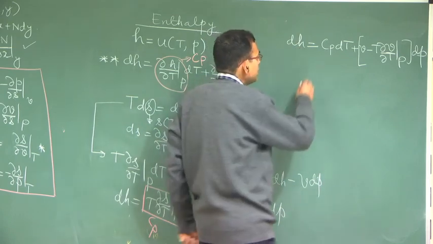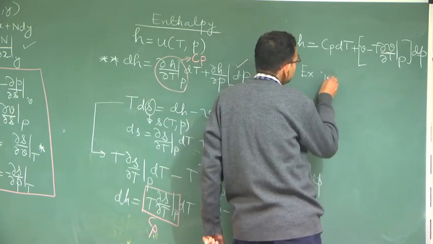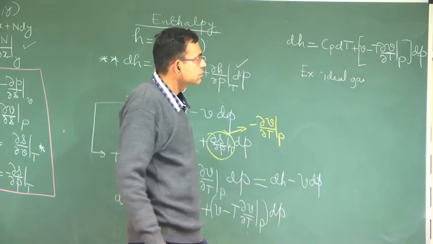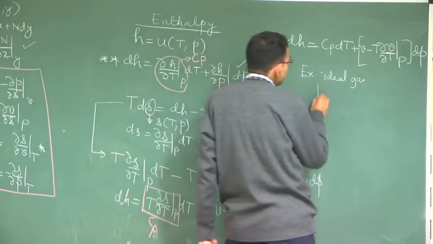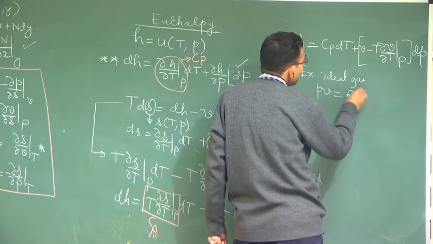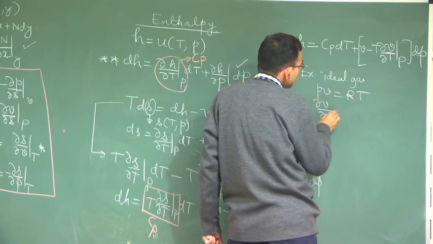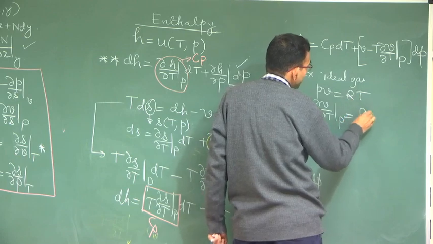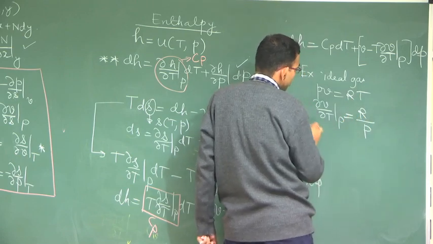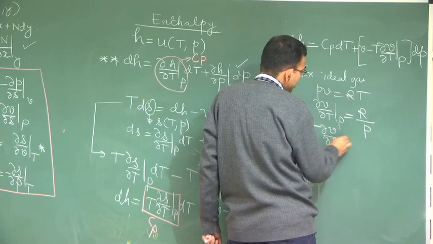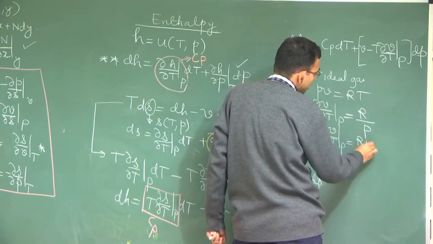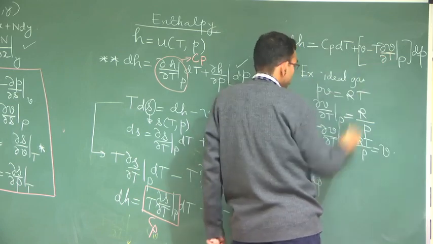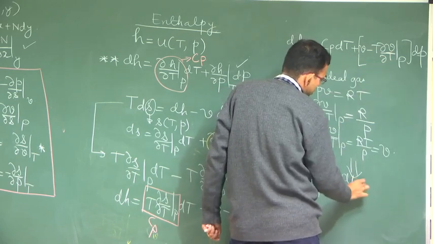So again we consider an example, ideal gas. So ideal gas PV is equal to RT, so del V del T at constant pressure is equal to R by P. So T del V del T at constant pressure is equal to RT by P, that is V. So V minus that becomes 0, so that means dH is equal to Cp dT.